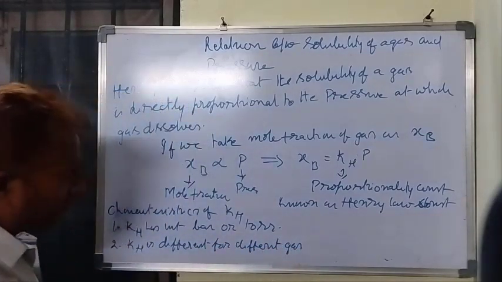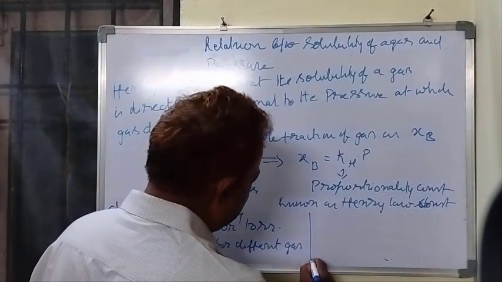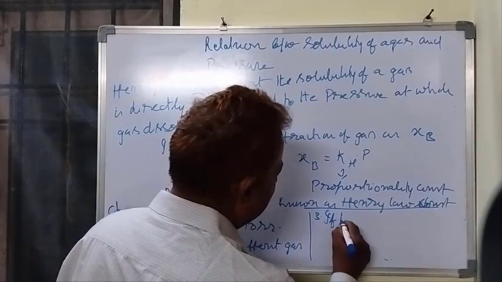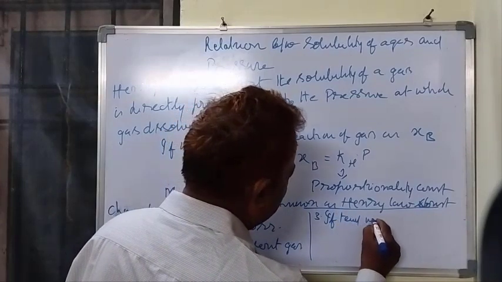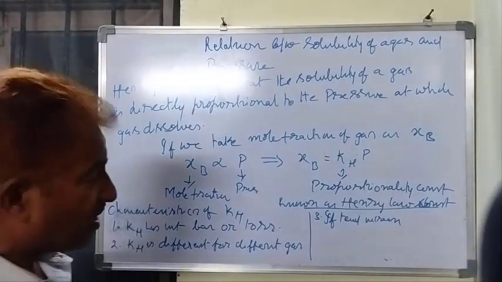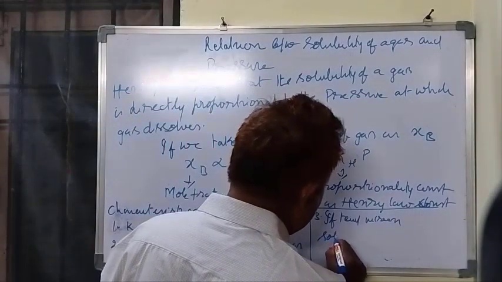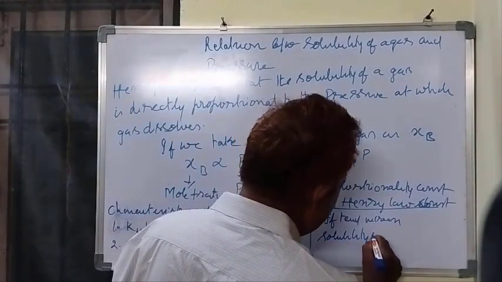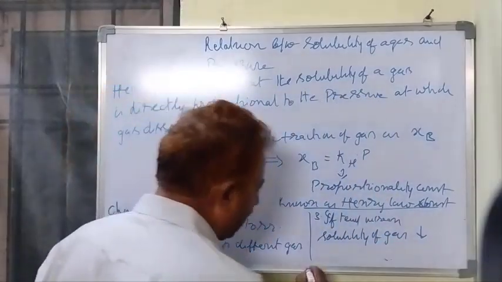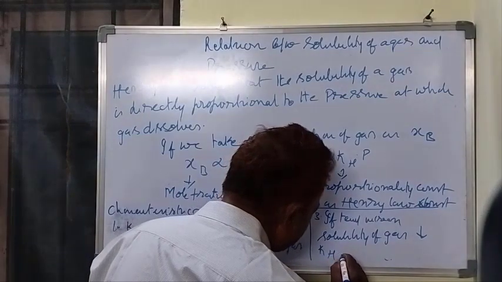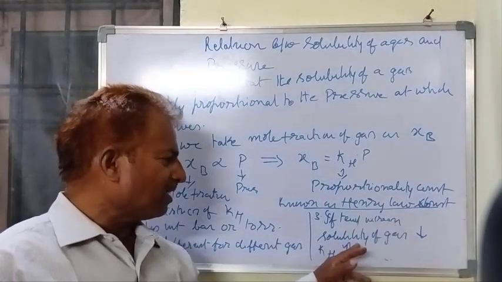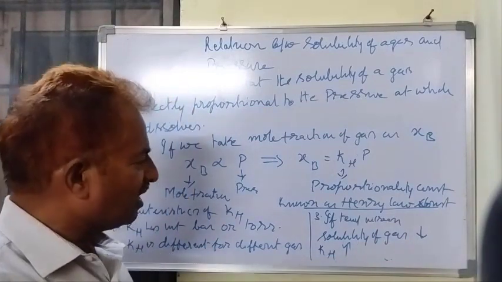Next, if temperature increases, what happens? Solubility of the gas decreases, right? And KH value increases. If temperature increases, solubility of the gas decreases, KH increases.